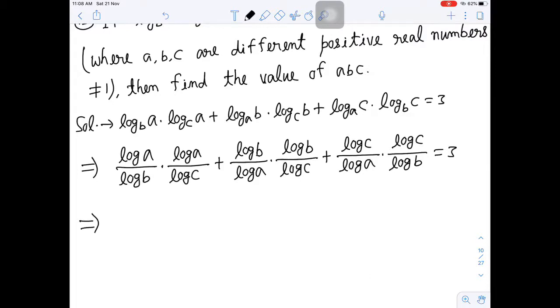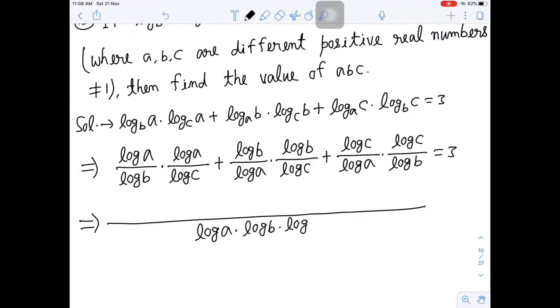Okay, now if you take the LCM, so the LCM of denominator, LCM of log b log c, log a log c, log a log b would be nothing but log a into log b into log c, and in the numerator you will get log b log c. What is missing here? Log a is missing, so you will multiply this by log a. Similarly here, what is missing?